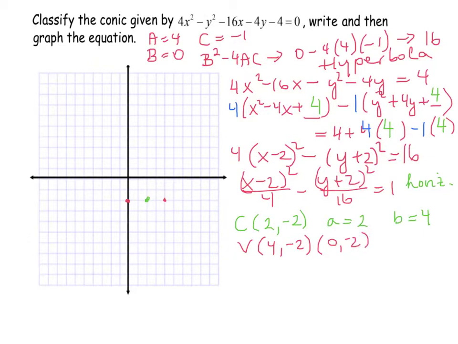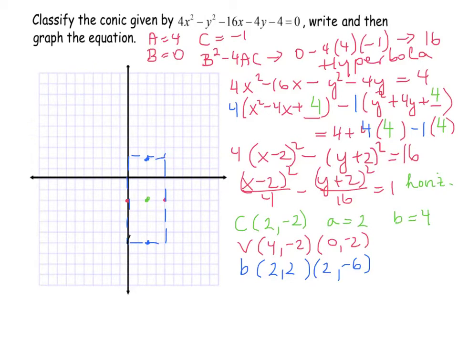Then I'm going to do my little b ordered pairs. Up and down, I need to go 4 units. So I'm going to do here and here. I can write my little b ordered pairs, which will be 2, 2, and 2, -6. Then I create my box. After creating the box, I can graph my asymptotes.